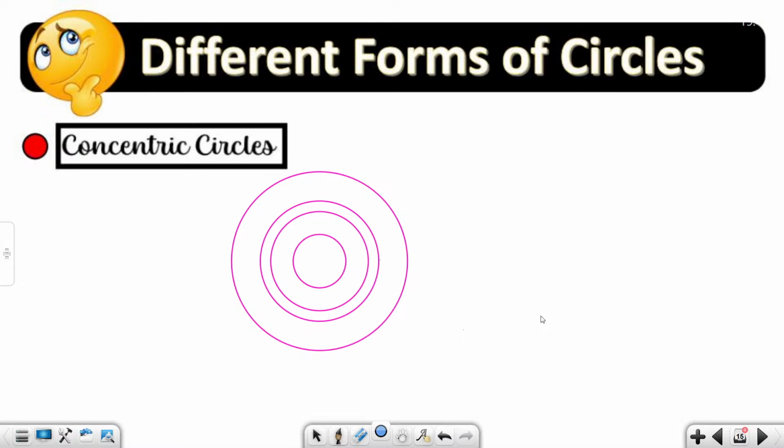So the only thing which is different for all these circles, because there will be infinite number of circles which are concentric to the given circle. Let us say this is our given circle. And the equation of this circle is x square plus y square plus 2gx plus 2fy plus c equals to 0.